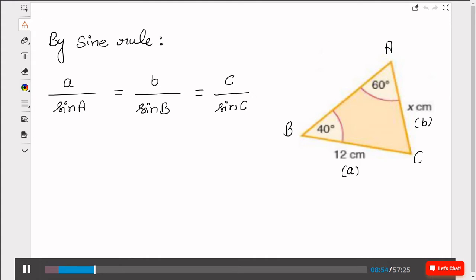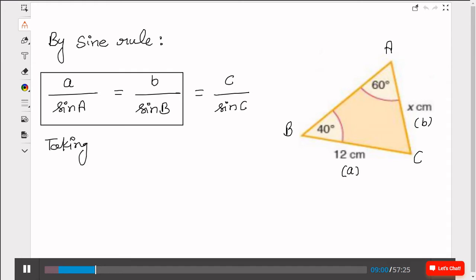If we had to deal with C, we could have taken that, but right now we are okay with this. A over sine A is equal to B over sine B. So what is A? A is 12.